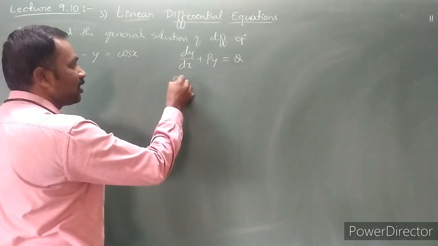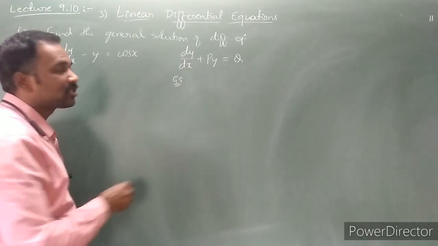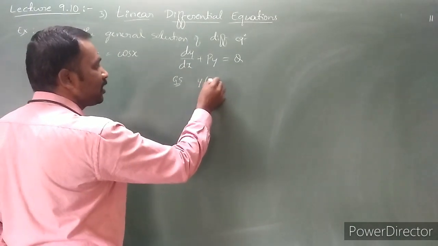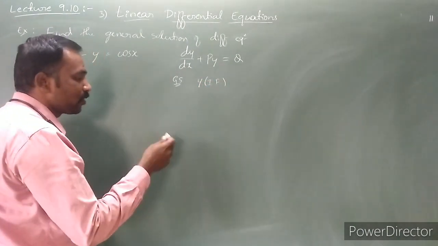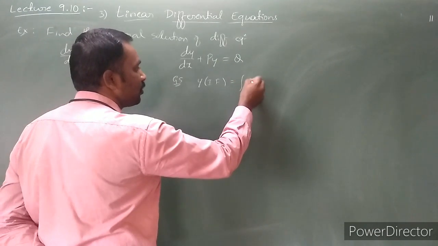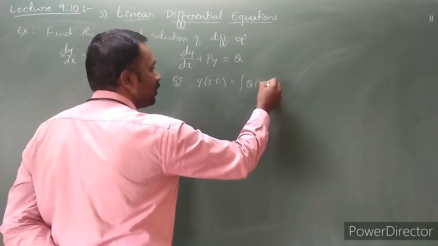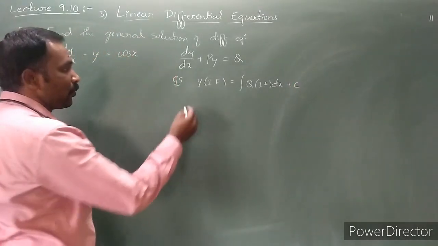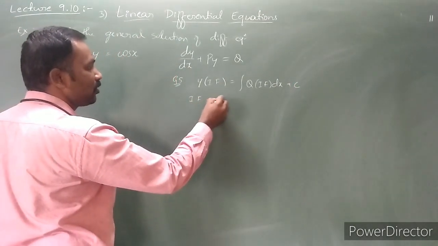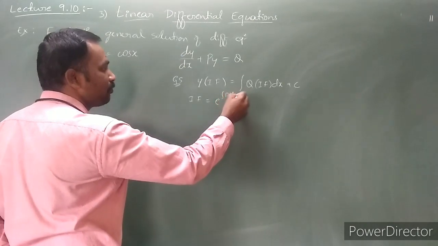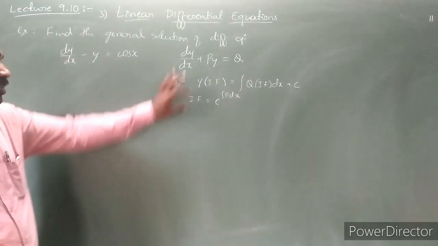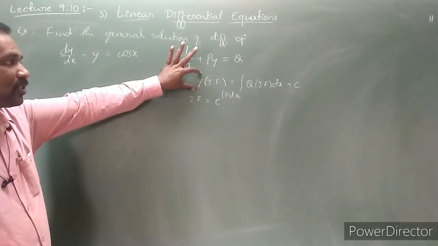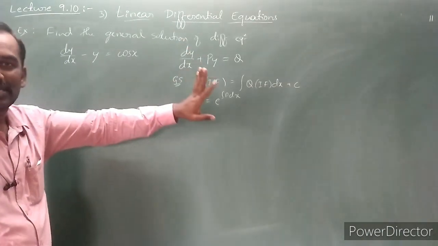What is the general solution of this differential equation? y into integrating factor is equal to integration of q into integrating factor into dx plus c, where integrating factor is equal to e power integration of p dx. So this is the general solution formula.